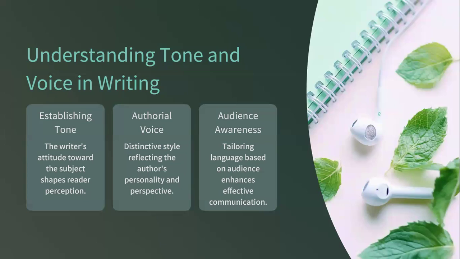If in case you are writing to persuade your reader and you want your reader to agree with what you are saying, here you are going to take one particular stance and you are going to emphasize your stance so that your reader can agree to what is being said. So this is how the tone varies from text to text.